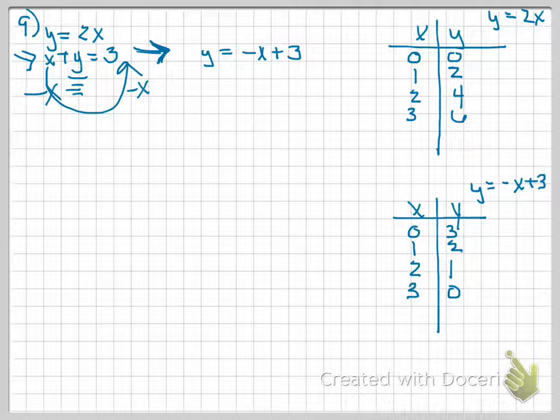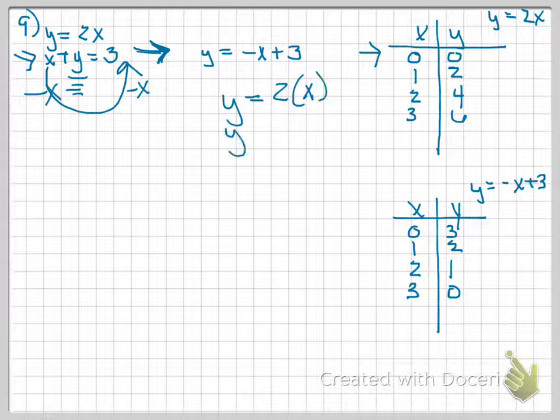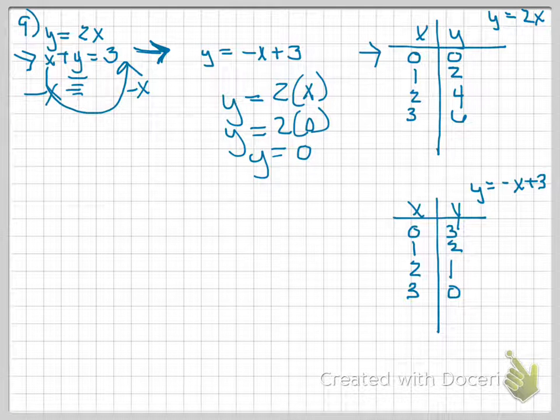So now I'm ready to start throwing in some x, y coordinates. If x is 0 for the first equation, y equals 2x, so y equals 2 times 0, then y would also equal 0. And then I plug in 1 to the equation to see what I get for y, and then 2 for x to see what I get for y.